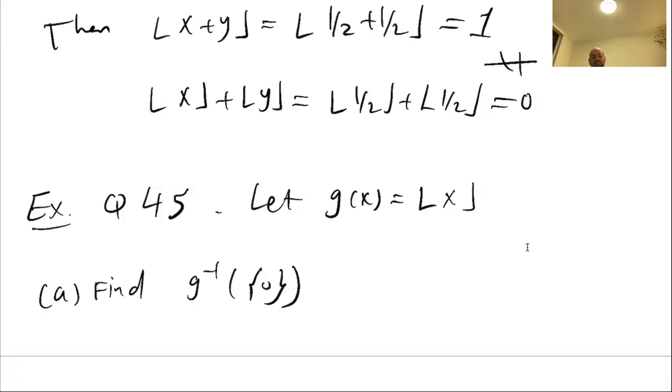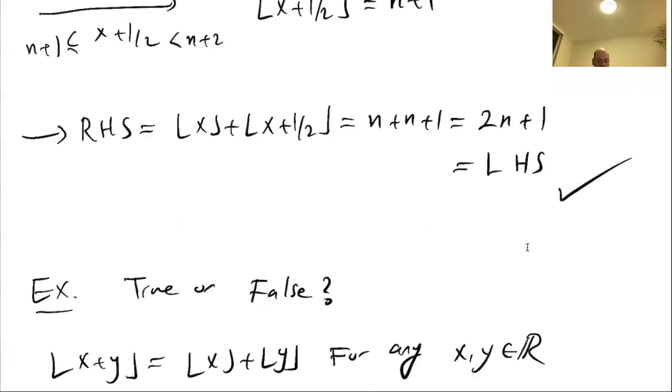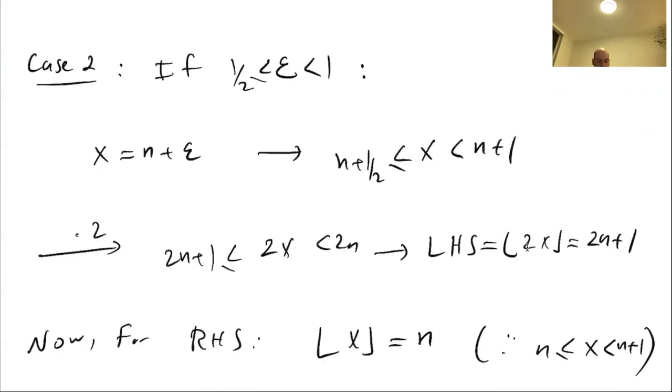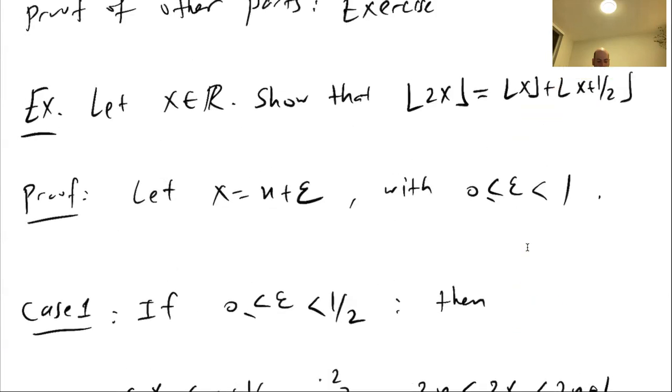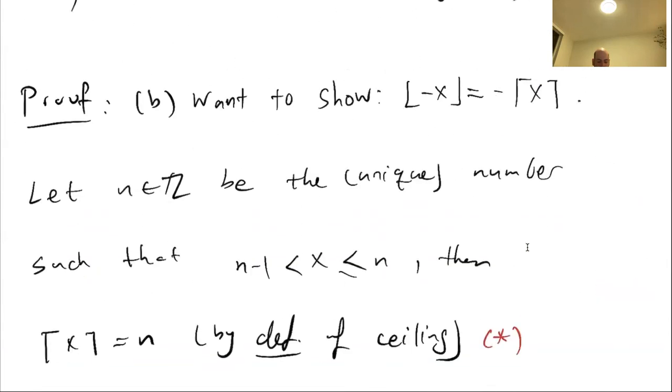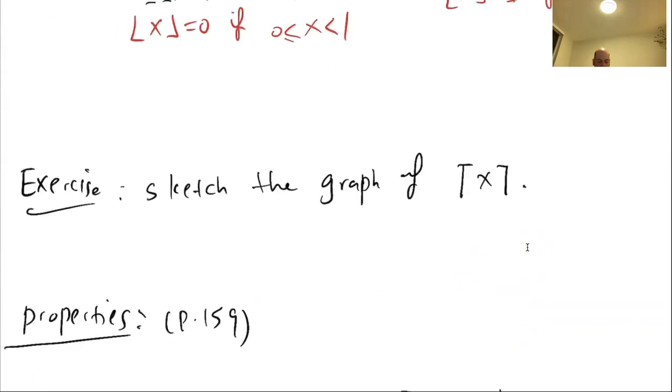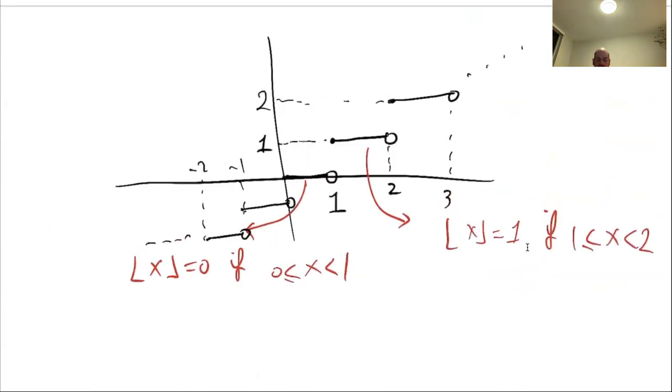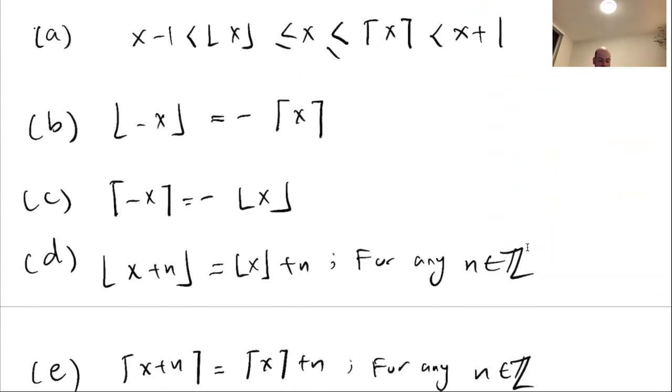But in this case, the floor function is not 1-to-1, because the graph obviously does not pass the horizontal line test. Look at the horizontal segments. So it's not 1-to-1, therefore not invertible either.